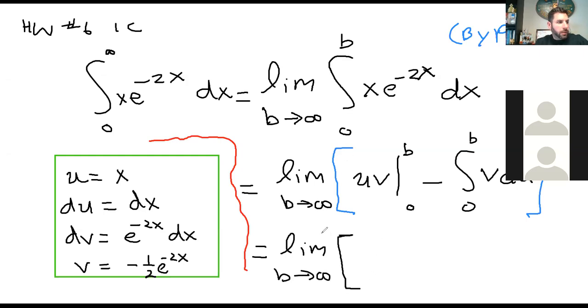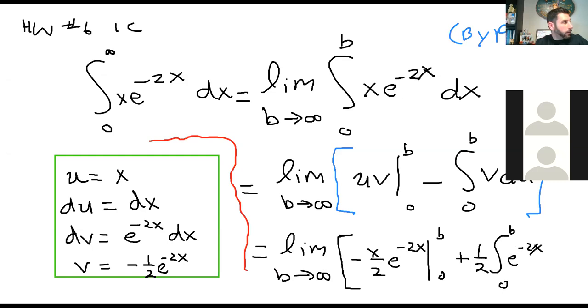So uv becomes negative x over 2 e to the negative 2x, and that's from 0 to b. And then this becomes plus 1/2 the integral from 0 to b of e to the negative 2x dx.